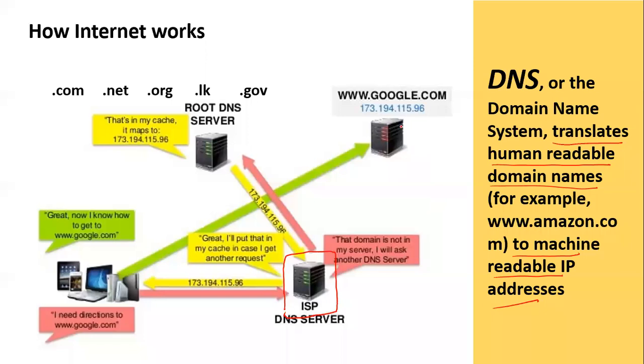So actual communication happens using IP addresses between these electronic devices which are connected to a network, right? But as humans, we use web addresses, domain names, Facebook.com, Google.com, gov.lk, like that. So therefore, there must be something like a phone book to convert this name into an IP address. So the DNS server acts in that place.